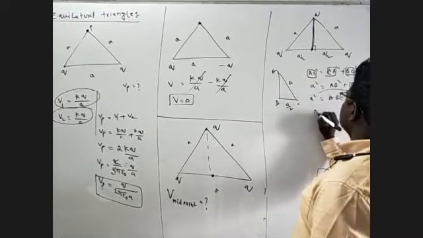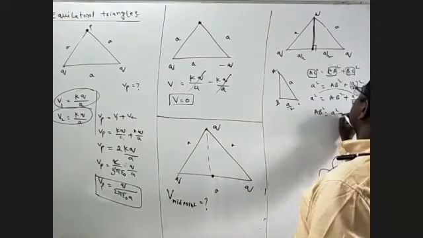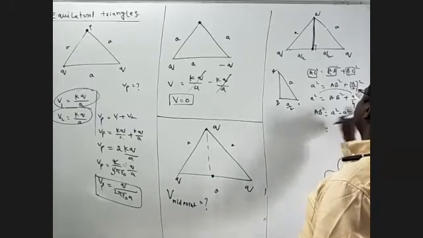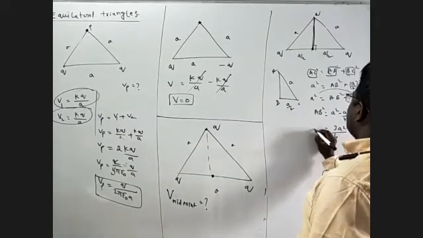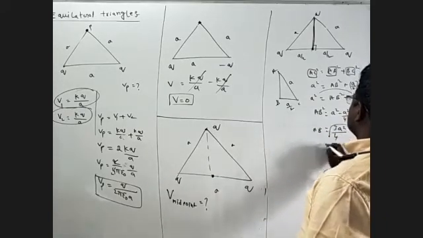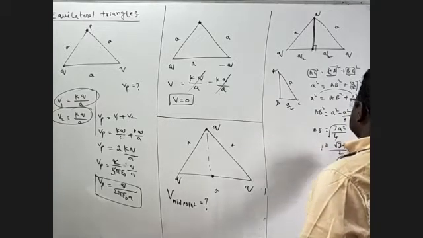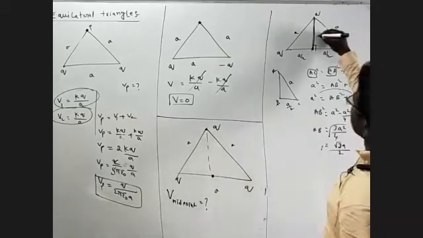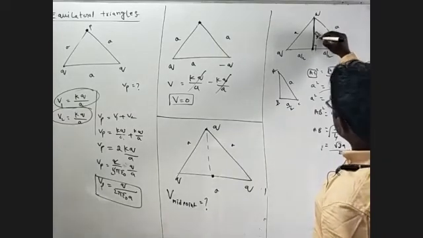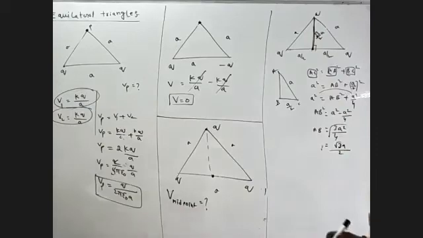Then AB square equals A square minus A square by 4, which is 3A square by 4. Taking the root, AB is root 3 by 2 A.